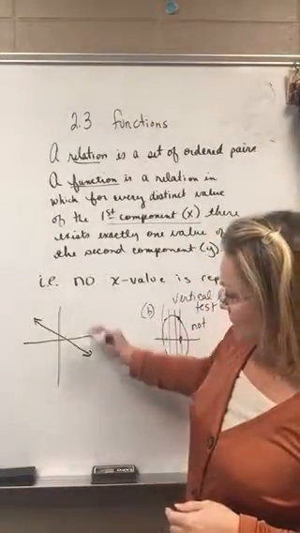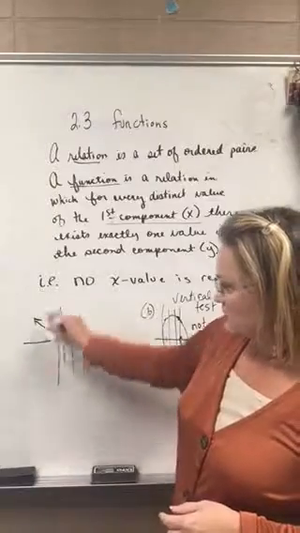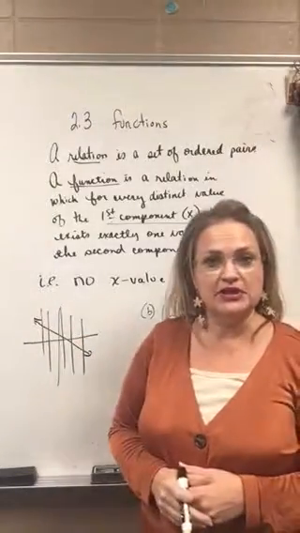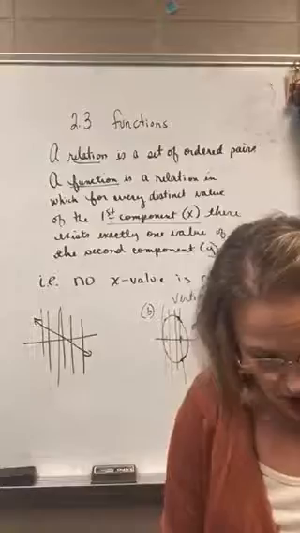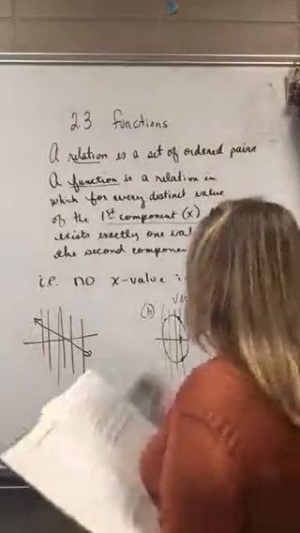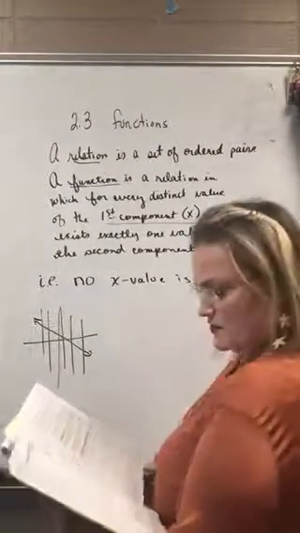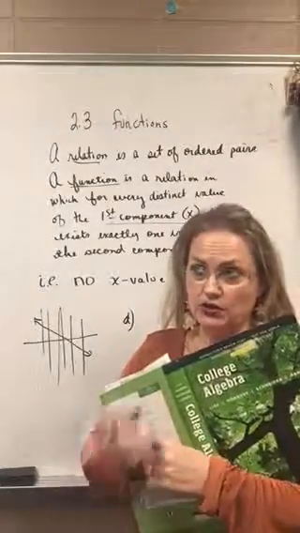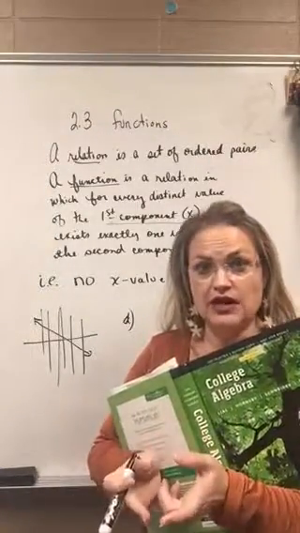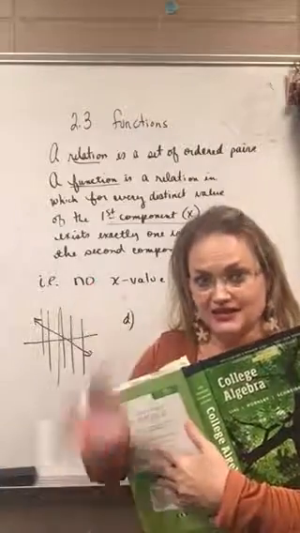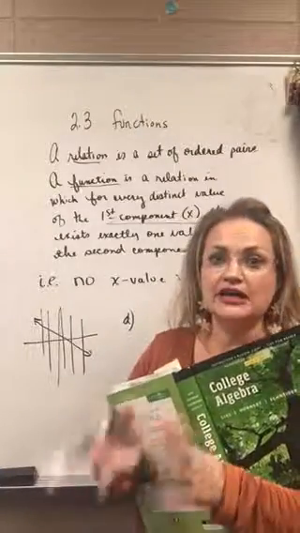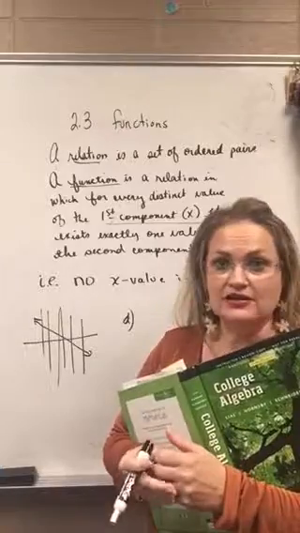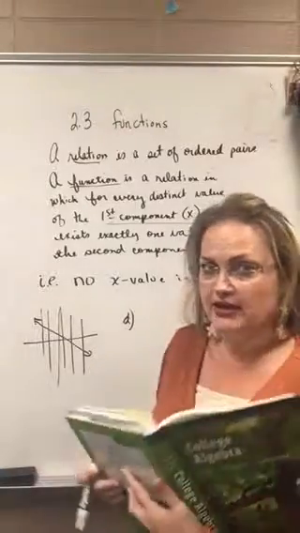Any place you can draw a vertical line, you can only hit that line in one place. So lines are always functions, any linear equation. I guess the exception would be if it was actually a vertical line itself. A vertical line, like x equals a constant, is not a function. But any other line, our typical lines, are always okay.